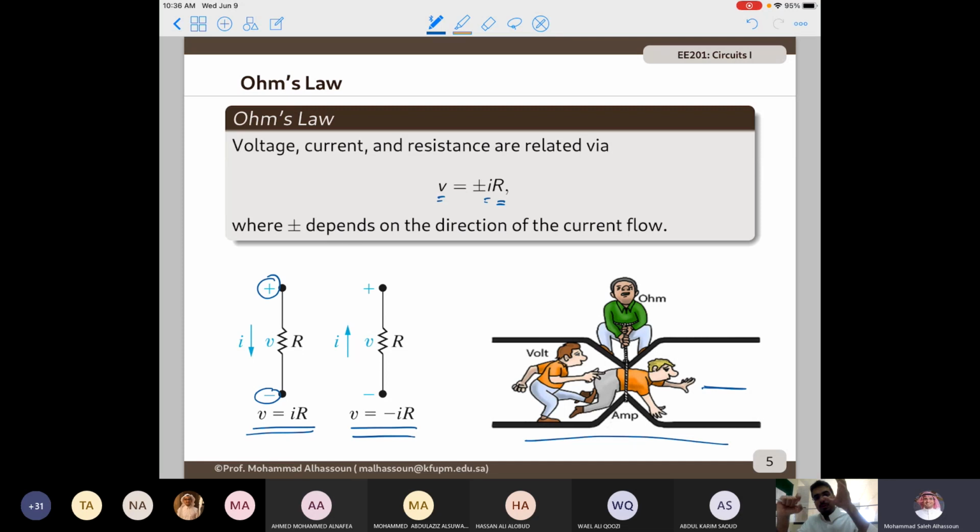So the voltage is a lot like the pump. The resistance is like the knob that you're using to reduce or increase the diameter of the pipe. Okay, thanks.